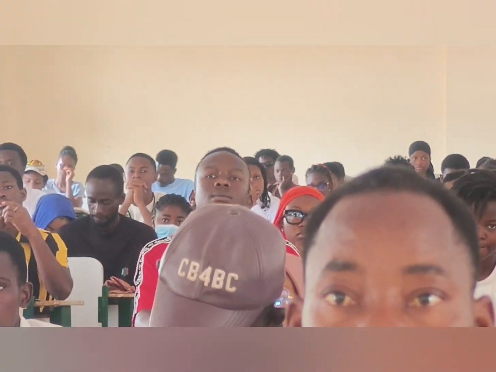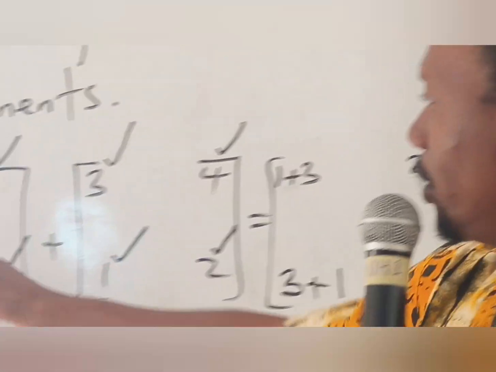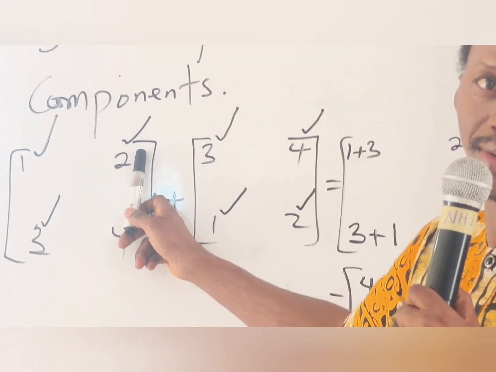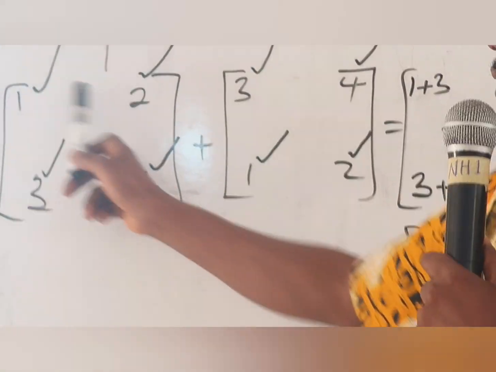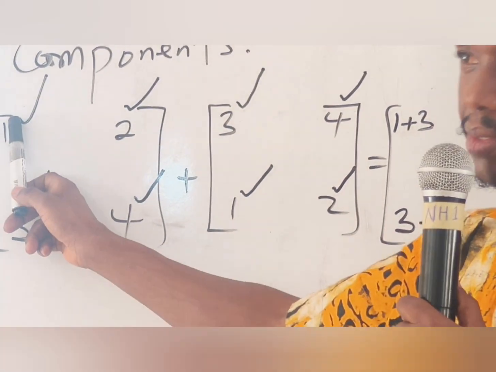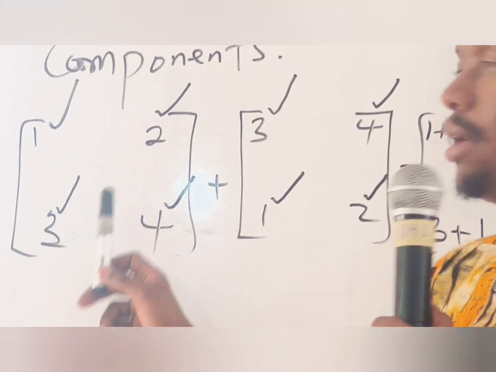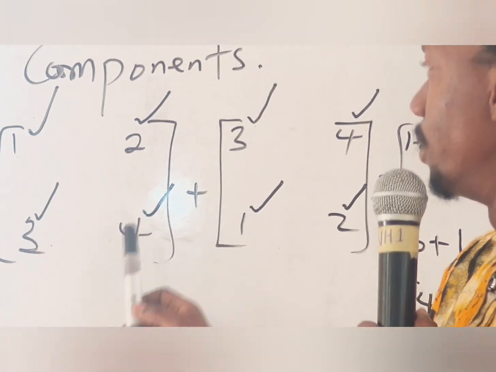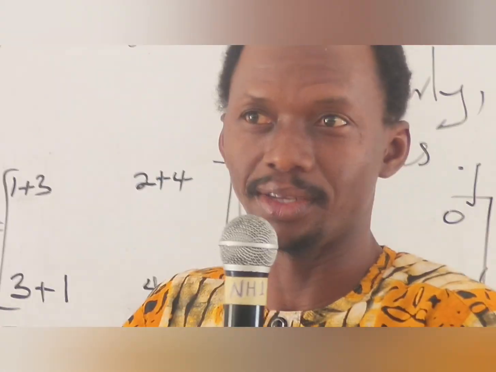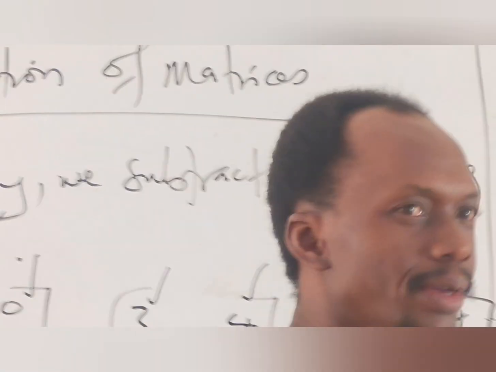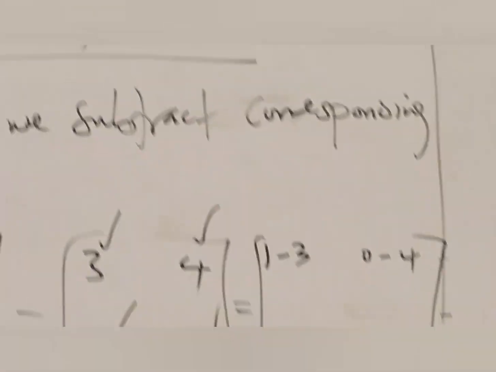So if you want to read for me to write, you read 1, 2, 3, 4. This is top left, this is top right, this is bottom left, this is bottom right. Are you okay? So 1, 2, 3, 4. If you want to write, you see I'm reading it myself. So the same way you call it out. Any other question?